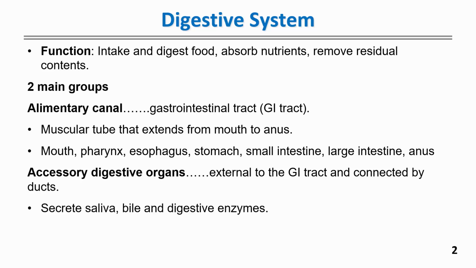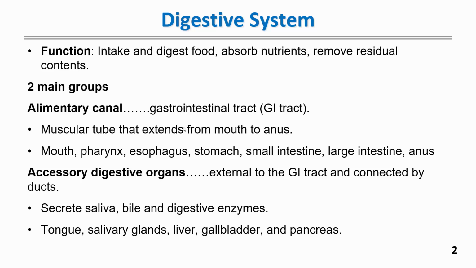Some examples here of these accessory digestive organs is that they will produce and secrete saliva, bile, as well as digestive enzymes. These all will function to assist the alimentary canal to move food through that very long muscular tube and break that food down. In other words, to digest that food so that we can absorb the molecules in that food.